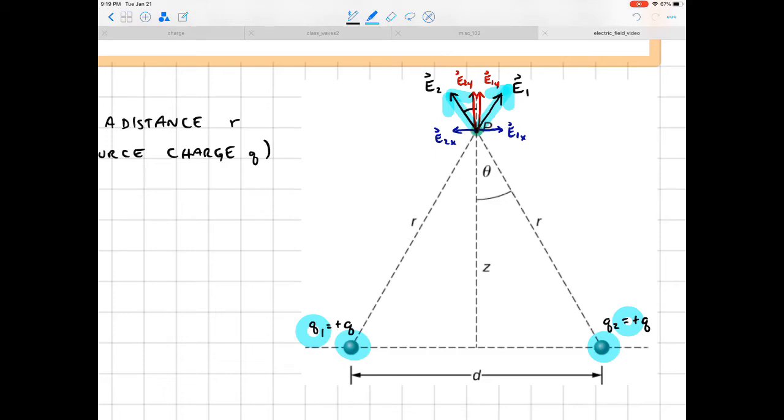And so if we want to know the electric field at that location P, we're going to have to add those two vectors together. What I've already done is broken up the vectors E1 and E2 into components.